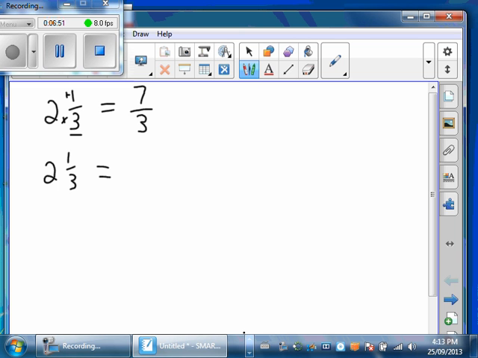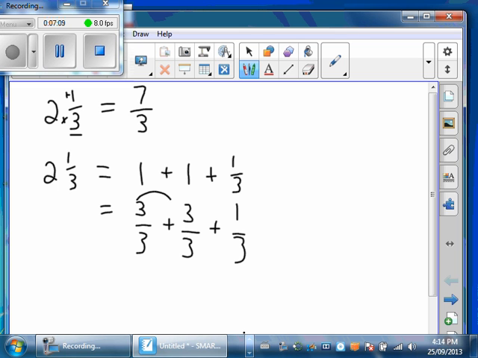Well, we have 2 here, so we have 1 plus 1, and then we have 1/3. And since we know that this is over 3, this is really saying 3 over 3 plus 3 over 3 plus 1 over 3. And as we know, 3 plus 3 is 6, plus 1 is 7, which equals 7 over 3.